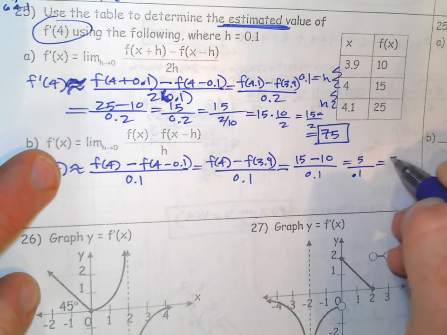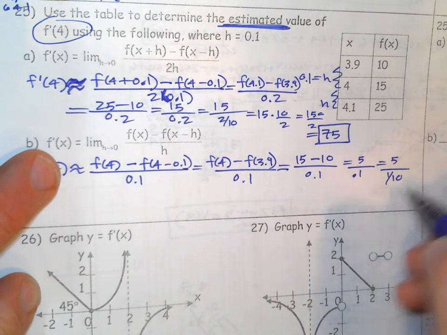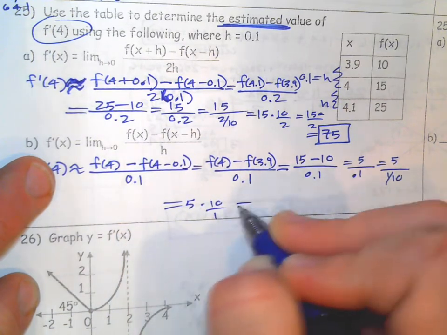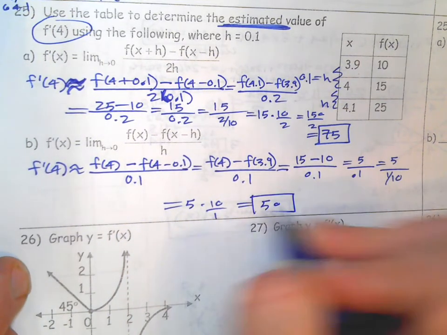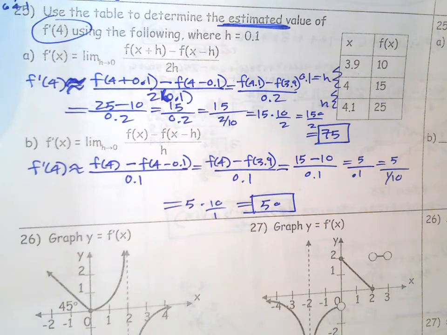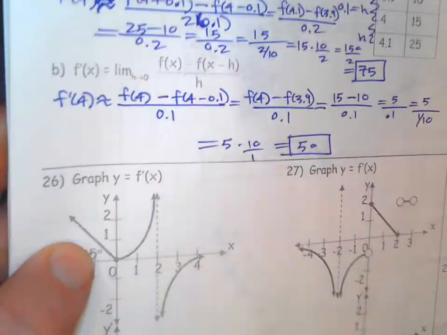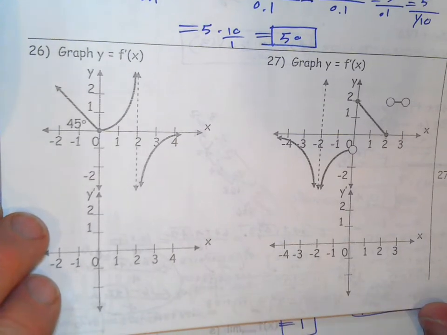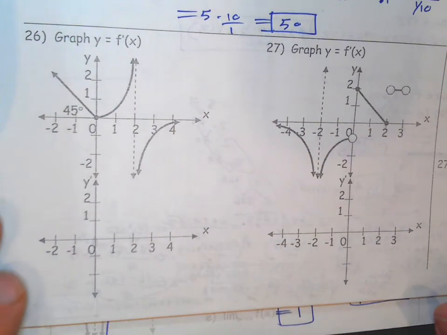This is the same thing as 5 over 1/10, the same thing as 5 times 10 over 1, which is 50 for the estimate. We're not actually using limits. Limits is for exact.